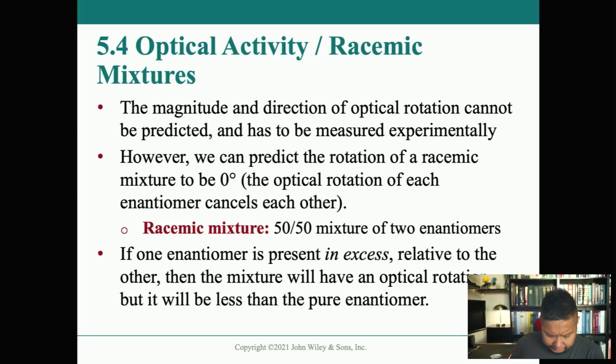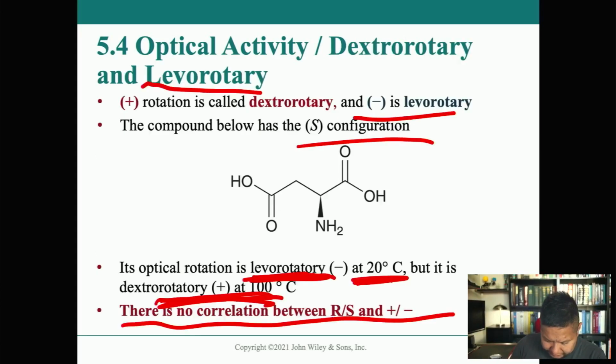I don't know if I made that clear or not. When I was back here on this slide, I'm not talking about the actual molecule rotating, right? At room temperature, this molecule will make light rotate towards the negative degrees, right? So that's why it's levorotary, the light that you pass through it. Not the molecule itself, but the light that passes through it.